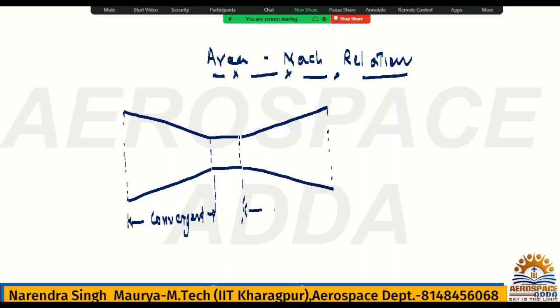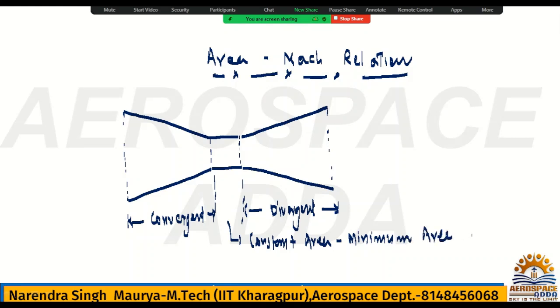Convergent, divergent, and this part is nothing but the constant area, minimum area, which is also called the throat.